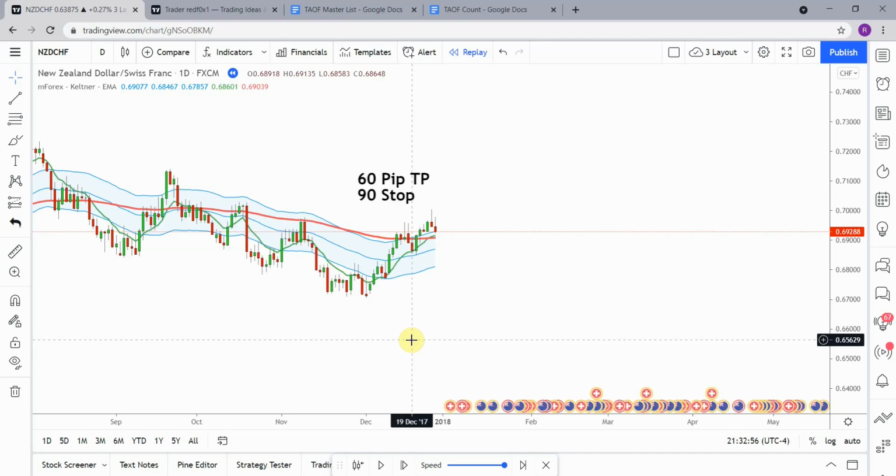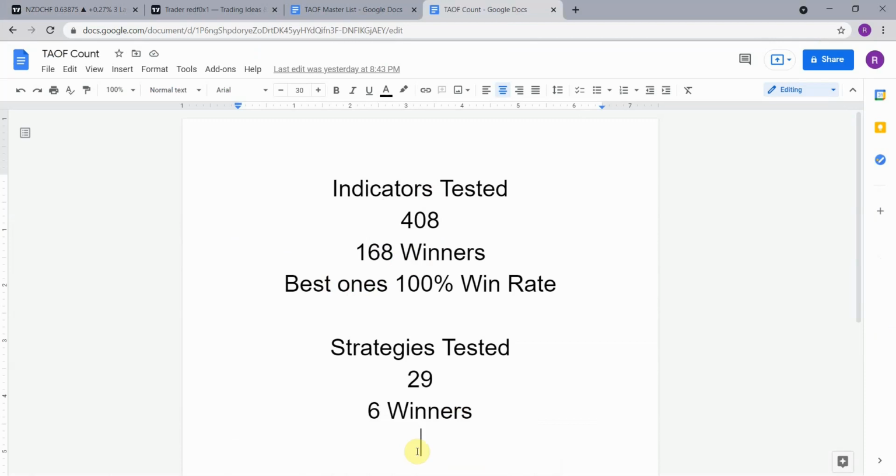Alright, as I said, today we will be testing the mForex Keltner EMA indicator. Before we do though, I wanted to put the testing scoreboard up for everyone to see. To date, we have tested a total of 29 different strategies with a total of 6 winners. We have also tested a total of 408 indicators with a total of 168 winners, which means that they have met or exceeded the 60% win-loss ratio threshold that we have set for them.